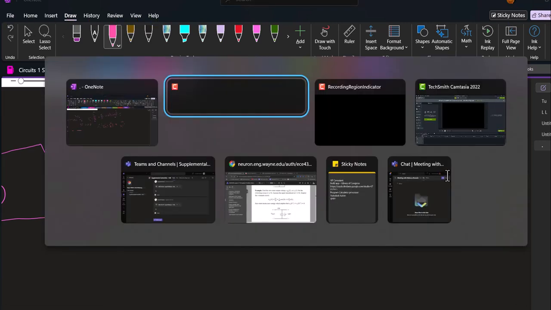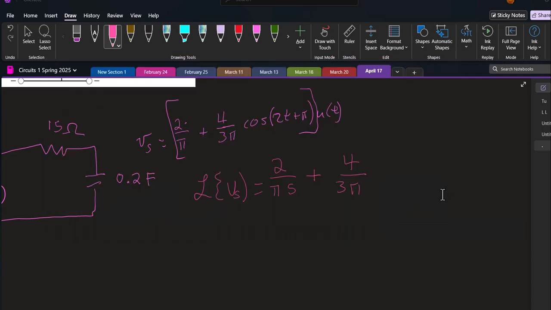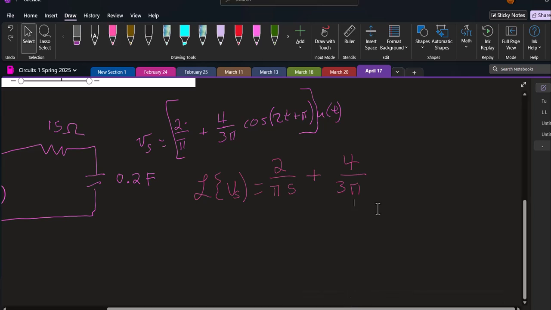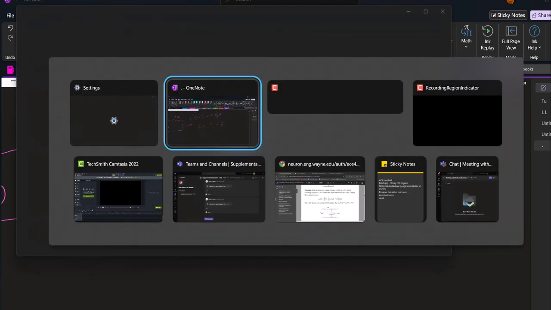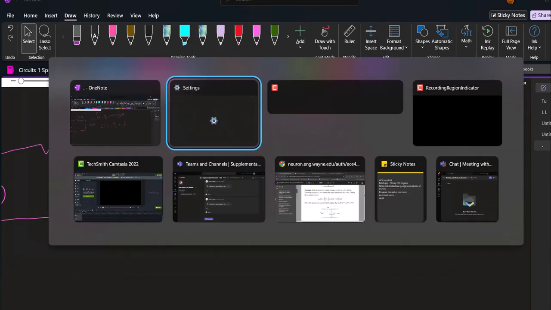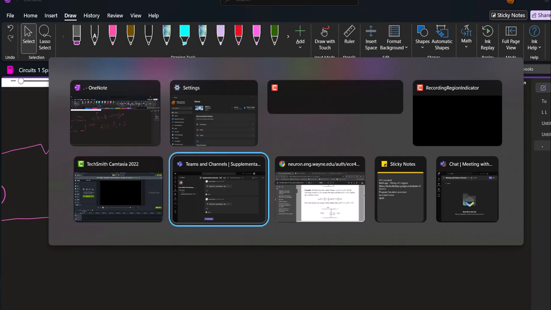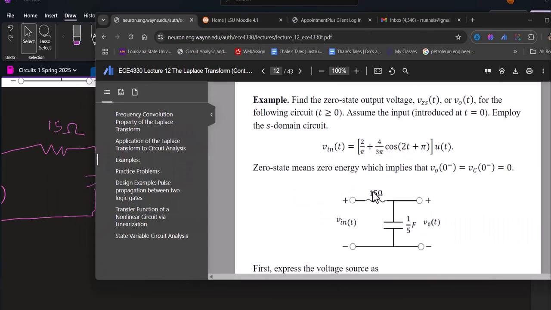So I need to get a table of Laplace transforms, which there are no shortage of those until you want one. Do you happen to have yours handy? Like from class.